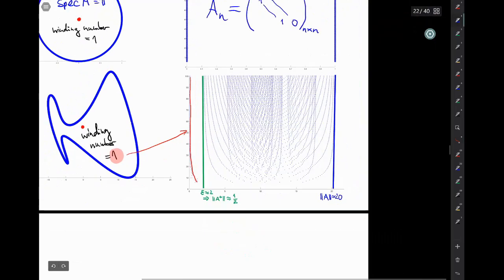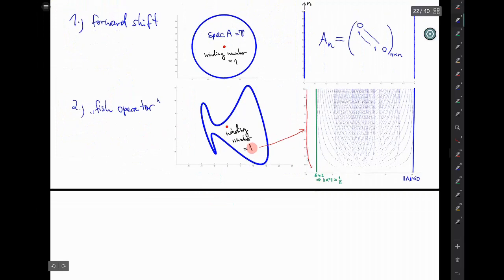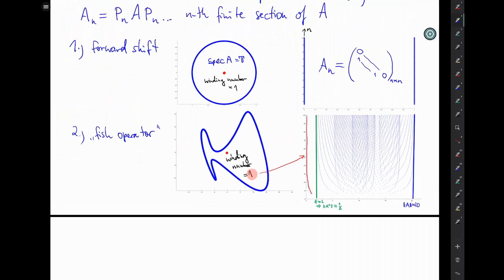So if we look back to both examples, in both cases the sequence of finite sections is not stable. So in both cases you have singular values running into 0 or even sitting at 0.